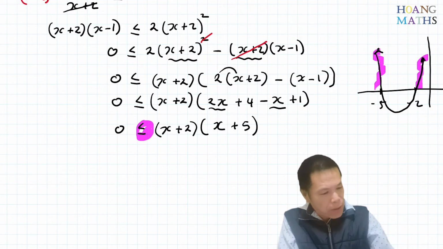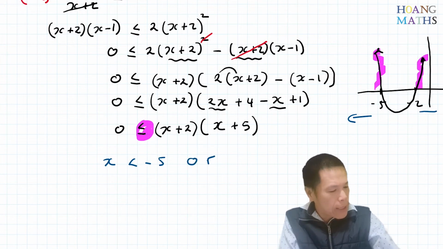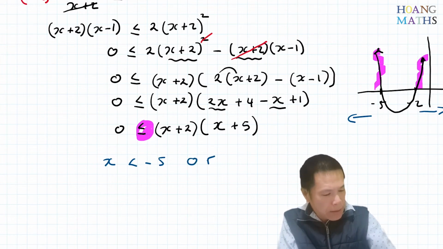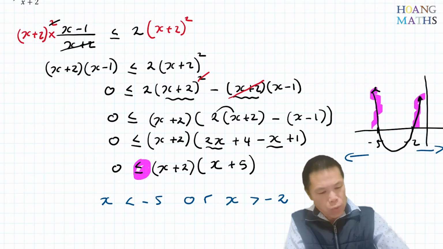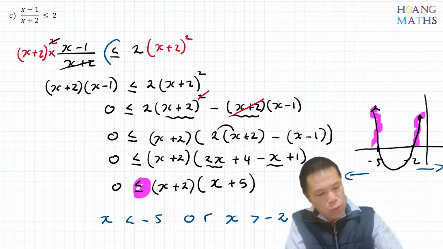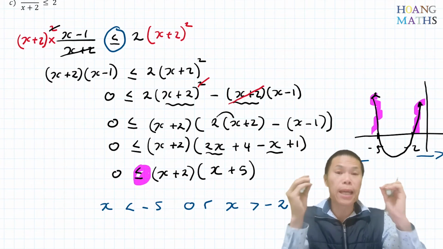So now, therefore, x, okay, this part here is less than negative 5, or this part here is x greater than negative 2. There you go. But then we need to check the question because we have the equal sign here, okay? So therefore, the answer should be less than or equal to.